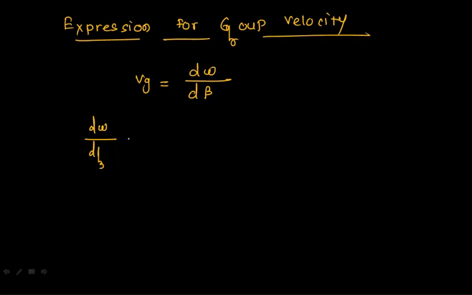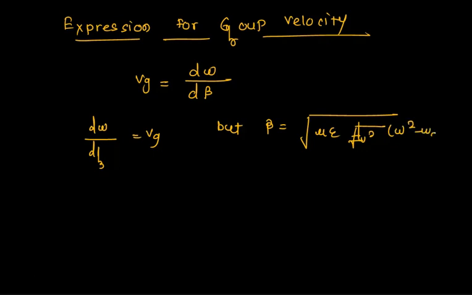And I know that beta is nothing but mu epsilon in the square root, omega square minus omega c square. This we have already seen right now.